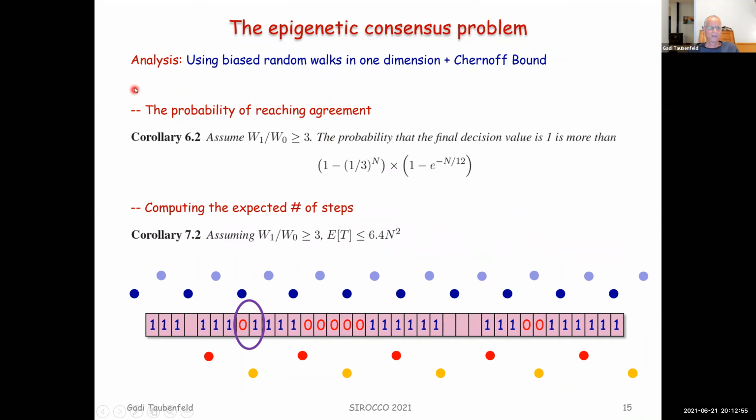Okay, so in the analysis, we analyzed the probability of reaching agreement. And this is a corollary of the more general result that we have in the paper.